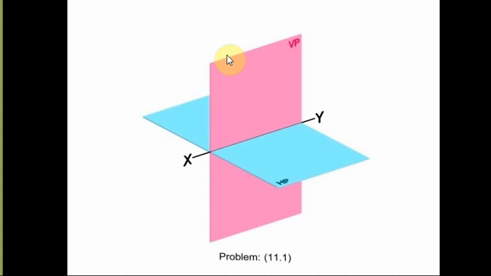The planes containing VP and HP are now in the same plane, so we can consider that plane as our paper plane. We draw an XY line. The top side of that XY line will be the vertical plane, and the bottom side of that XY line will be the horizontal plane. This is all about first angle projection.